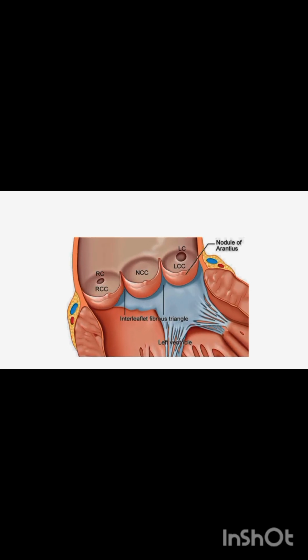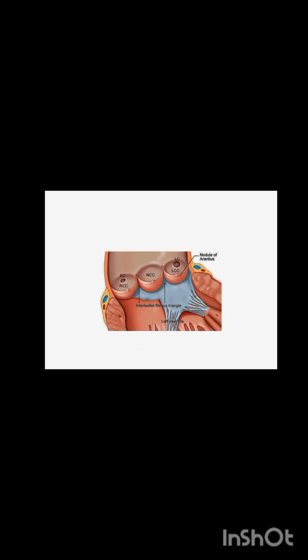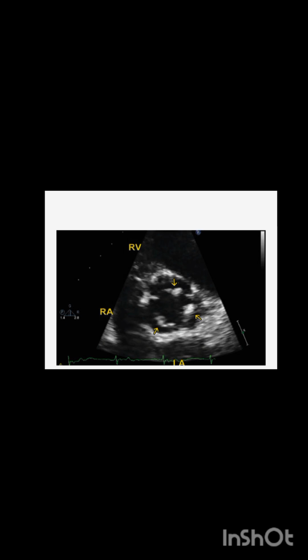This is the 3D model of the aortic valve, and at the midpoint you will see the dot shapes. This is the node of Arantius, already labeled here. In the real echo, you will see the midpoints.